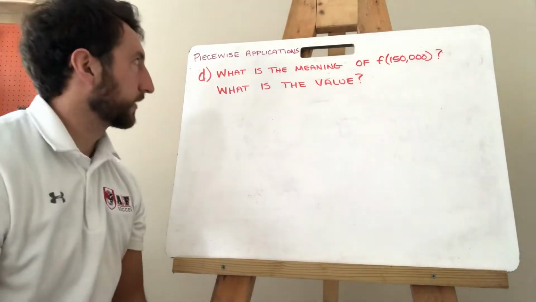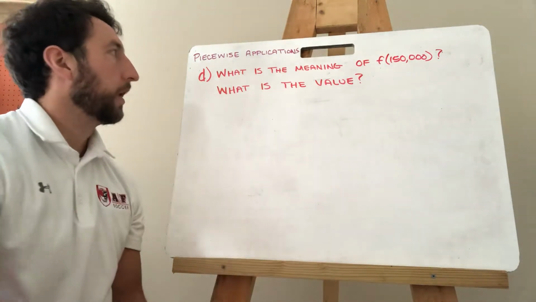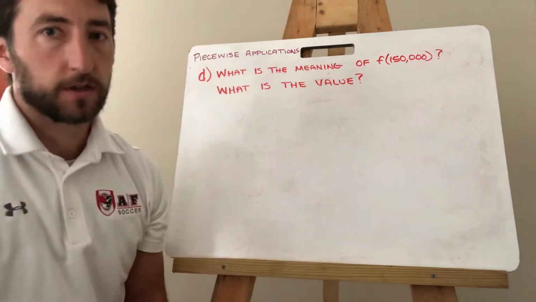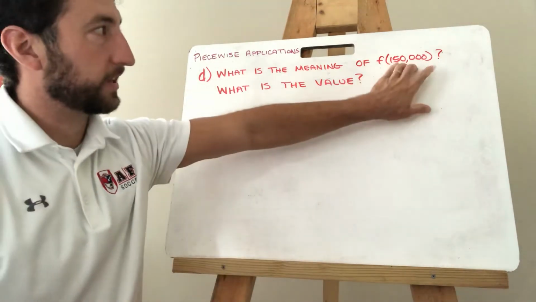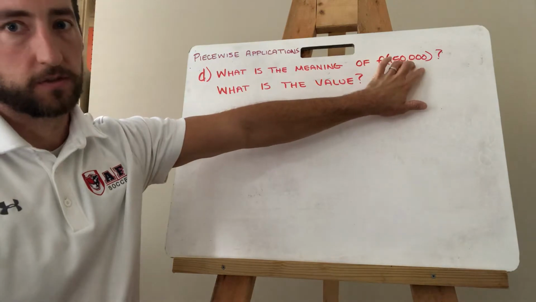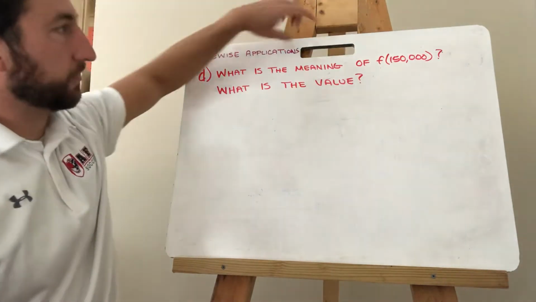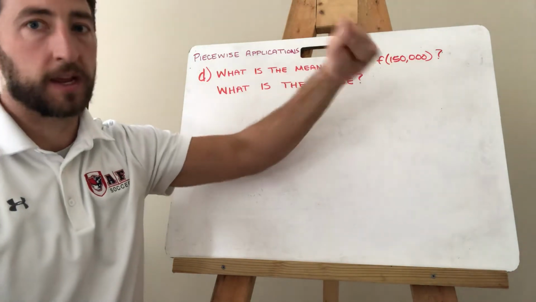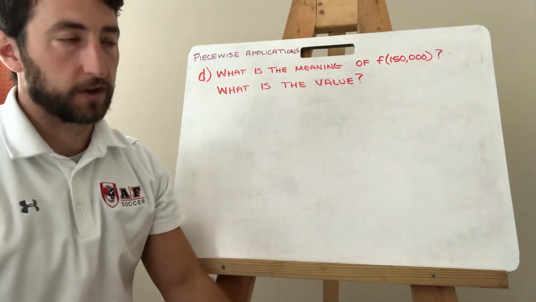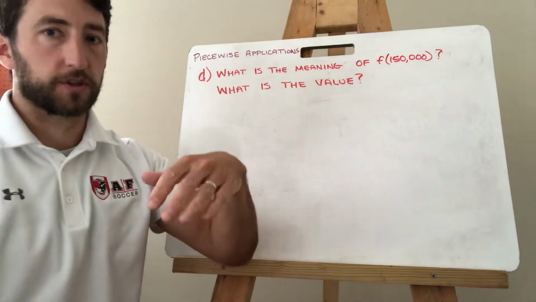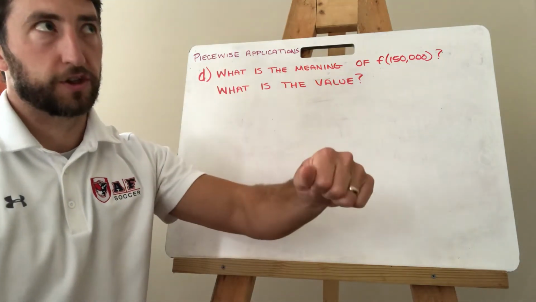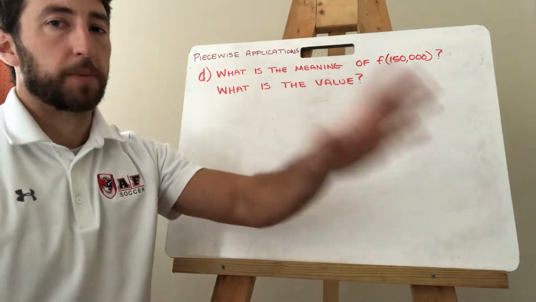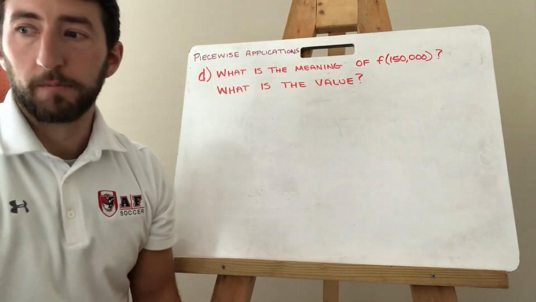All right, then our last question from this part. What is the meaning of f of $150,000? So f of this is what our income is. The meaning of this is how much taxes somebody would pay if they earned $150,000. Remember back to our original equation, if they made between $113,700 and $500,000, they would pay that $7,049.